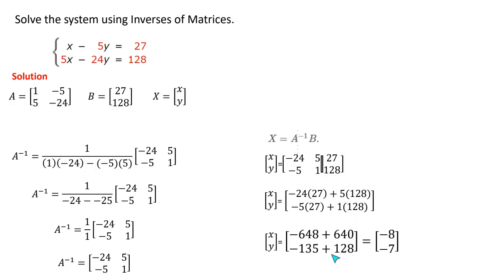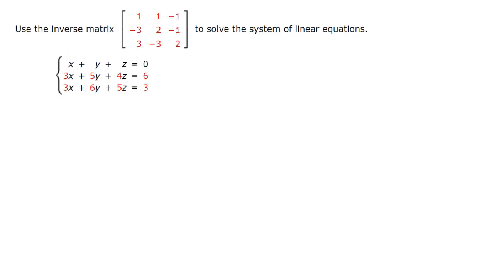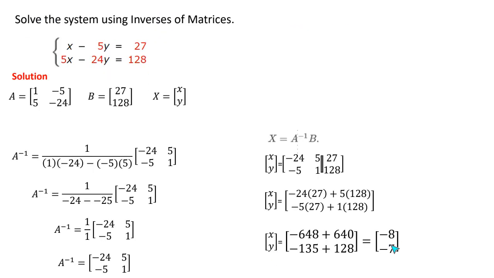And negative 135 is for the second row, and 128, so we get negative 7. So my solution is going to be x is negative 8 and y is negative 7. And so this would be my solution.